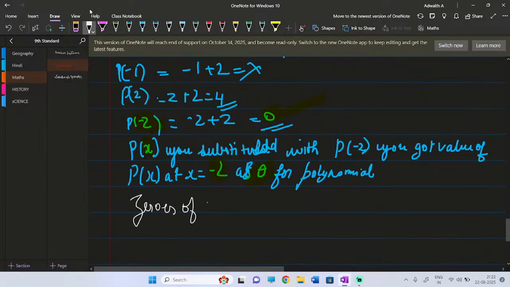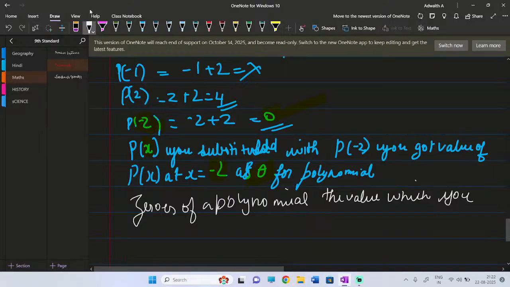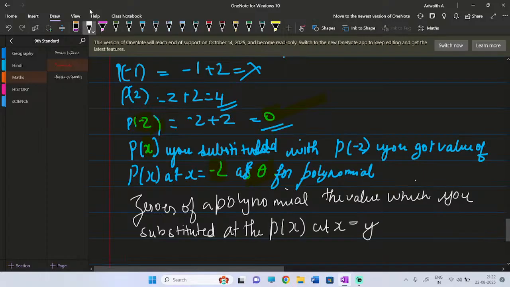Zeros of a polynomial means the value which you substituted in P of x at x equal to y, and y is the zero of the polynomial.